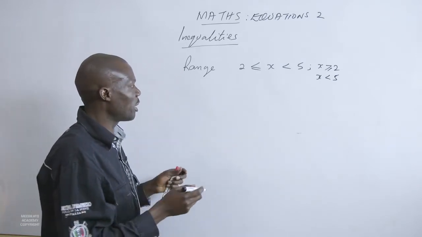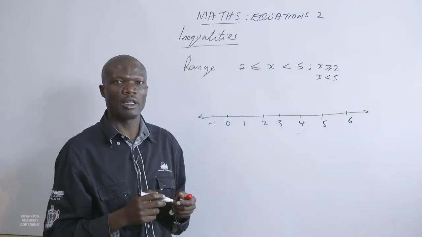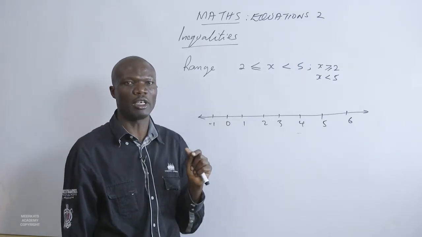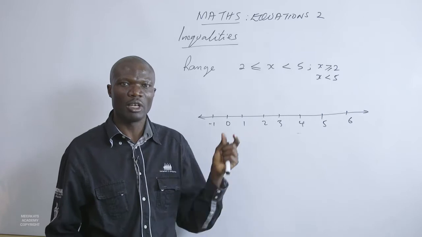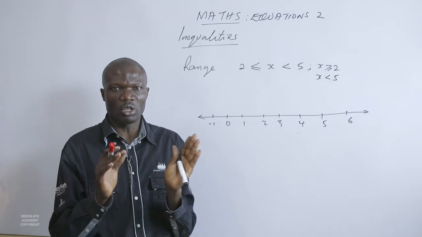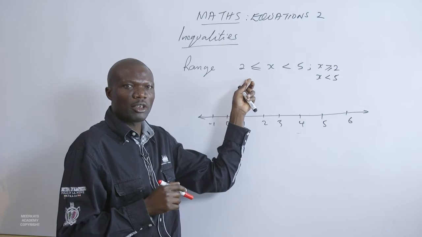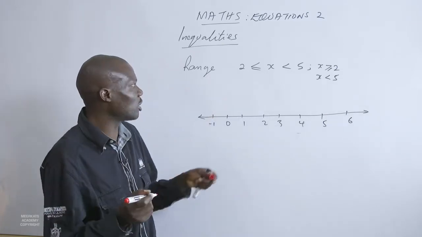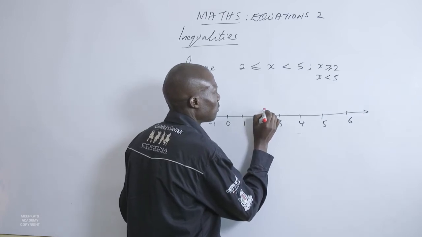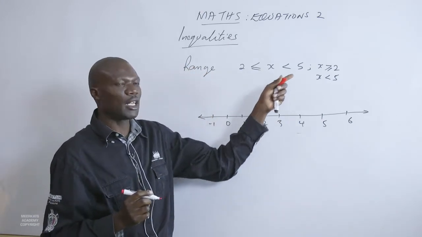So when we go to our number line, we want to represent the statement that we have here. The range is 2 is less than or equal to x, which is less than 5. Remember I told you about the open and closed circle. So 2 is less than or equal to x. This is a closed circle. Let us go to where we have 2 and we close the circle. But x is less than 5.